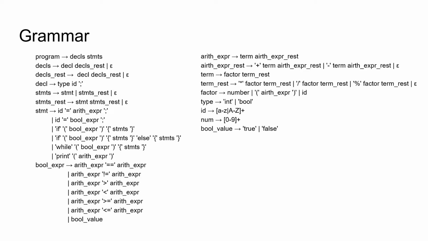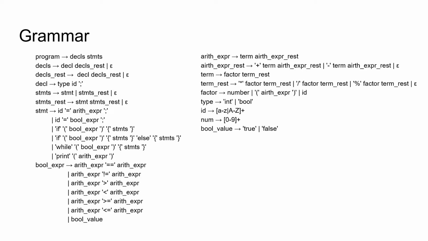The arithmetic operators we support are plus, minus, multiply, divide, and mod. And we also support different kinds of relational operators like greater than, less than, and so on. The precedence of an arithmetic expression can be overridden by parentheses.